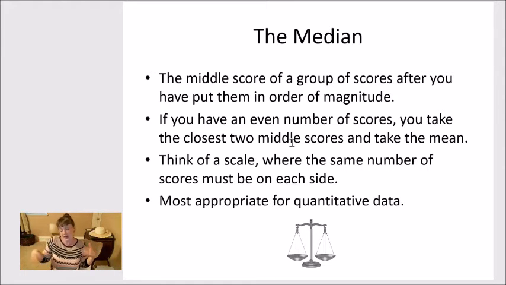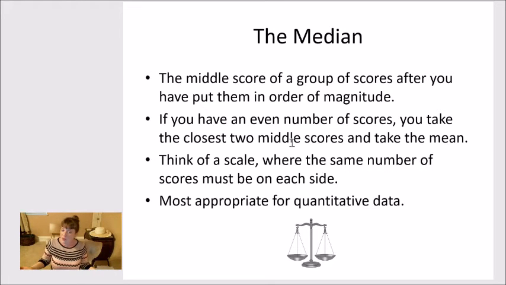Rank order them, in an ordinal fashion, and then after you've labeled them from smallest to largest, find the score in the middle, ignoring the values at this point, just the score that happens to be in the middle. If you have 11 people, it'll be the 6th person. If you have 101 people, it'll be the 50th person, right? Find the score in the middle, and that score is your median.